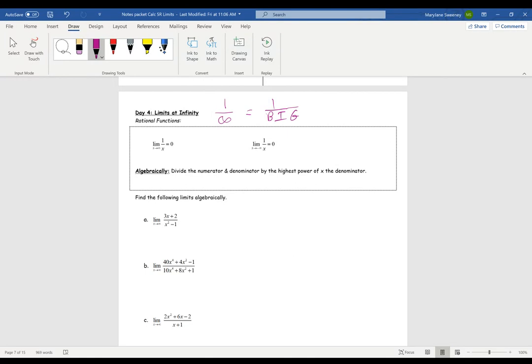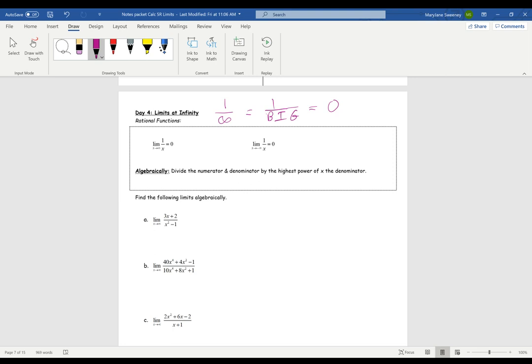If you did that on your calculator, 1 divided by a really big number, maybe 1 and then a bunch of zeros, you're going to see the answer goes off to 0. The answer gets very close to 0. It's essentially 0.